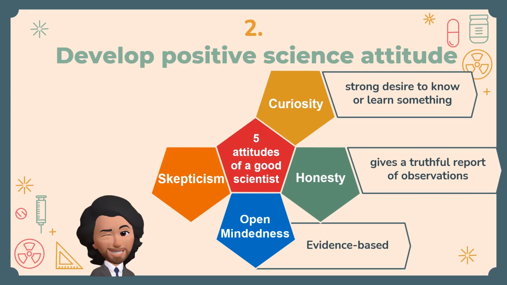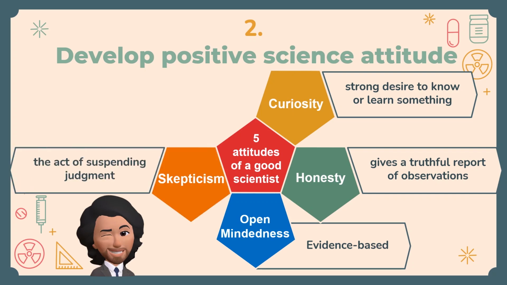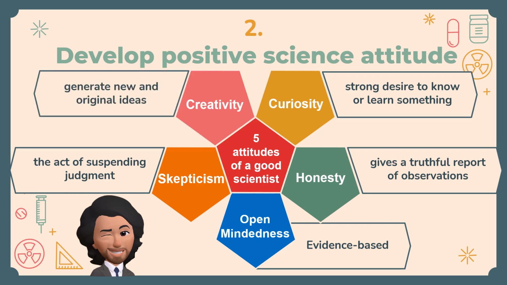Fourthly, skepticism. Skepticism is the act of suspending judgment. It helps the scientist to assess information before accepting it directly. Lastly, creativity. Creativity is the highest level of attitude a scientist may possess. It helps scientists to generate new and original ideas.